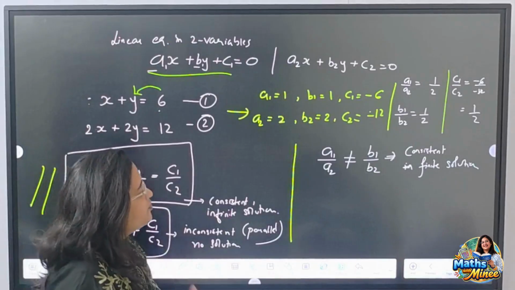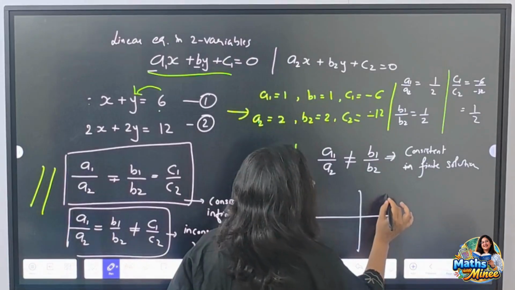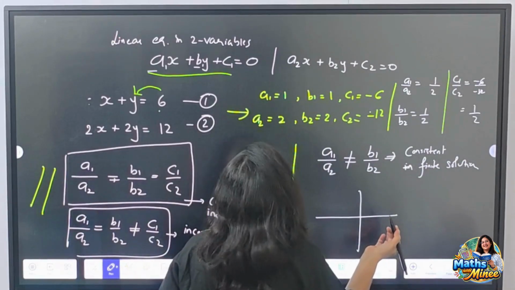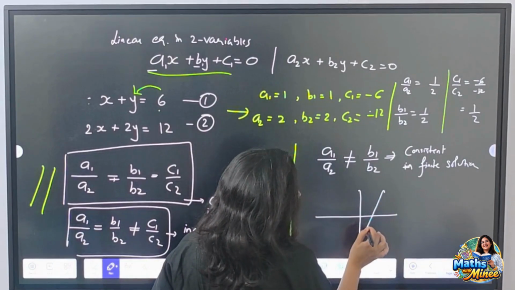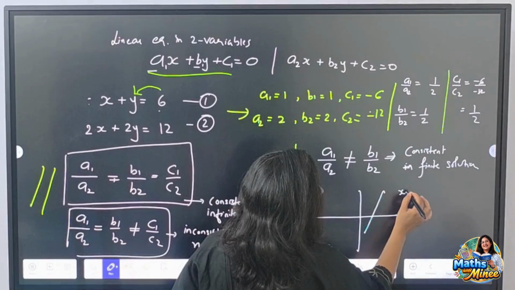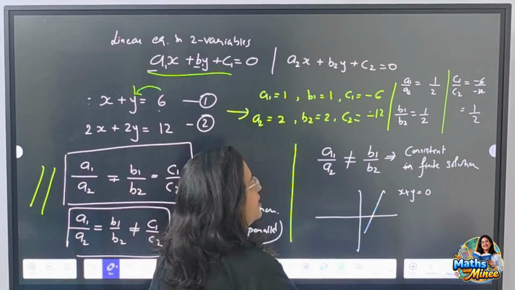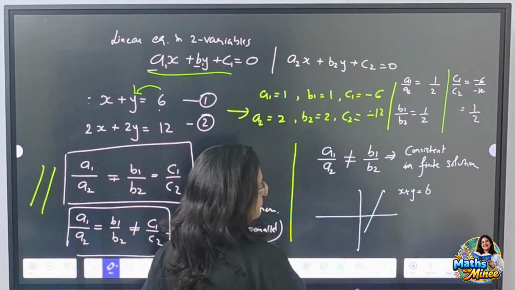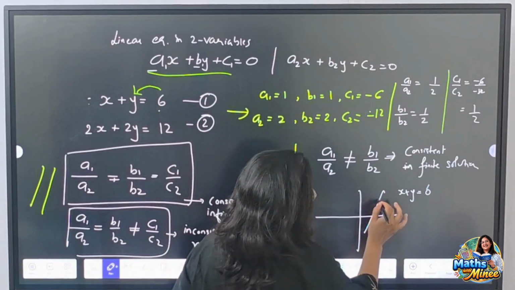मतलब अगर मैं इसका ग्राफ प्लॉट करूं ना, तो अगर पहली इक्वेशन x plus y is equal to 6 का ग्राफ ऐसा है, तो 2x plus 2y is equal to 12 का ग्राफ कैसा होगा?